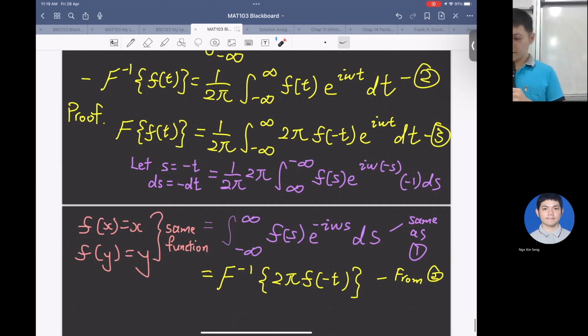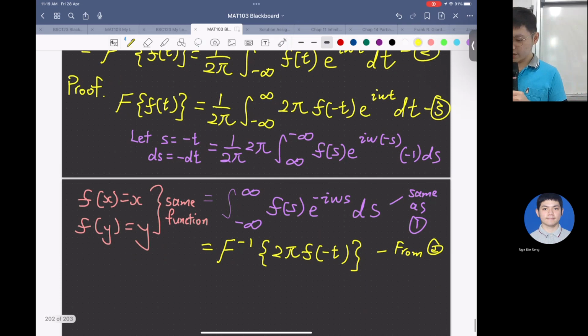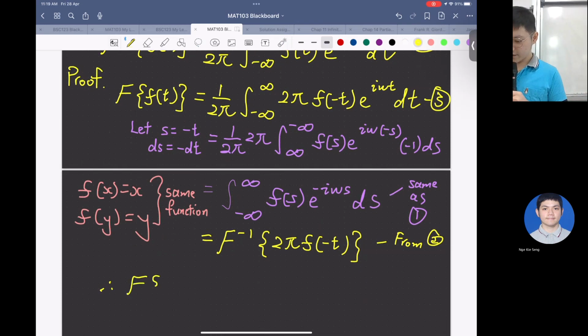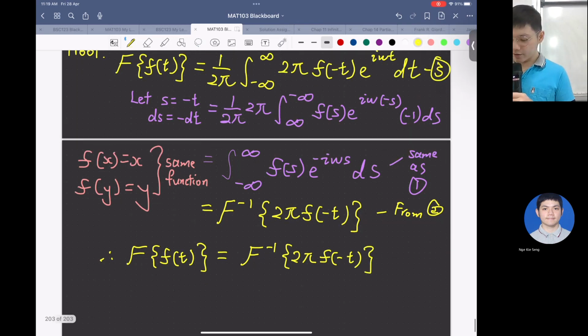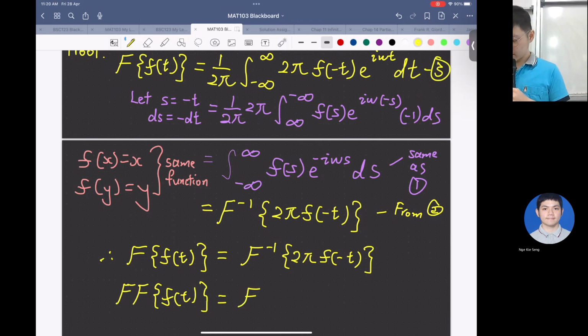So what we deduce here is the Fourier transform of F(t) is equal to the inverse Fourier transform of 2 pi f minus t. But we know that if we do the Fourier transform on the inverse Fourier transform, we get the identity.